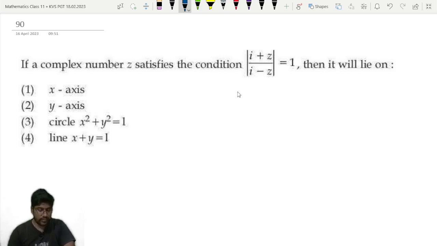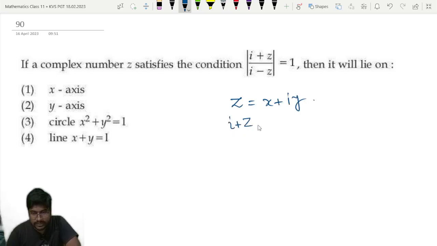So for that, what we will do, we will take z equal to x + iy. Then what will be i + z? i + z will be equal to x + (y + 1)i.